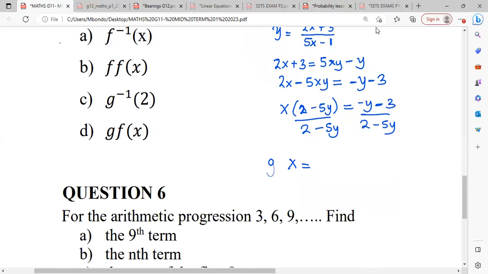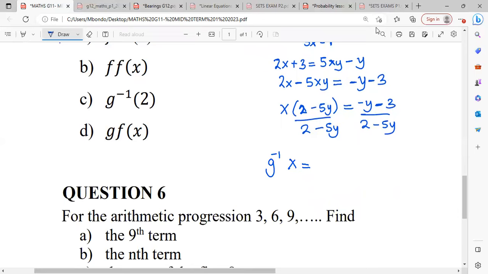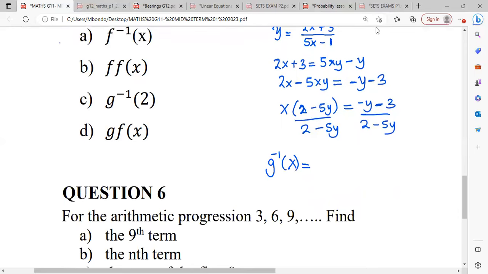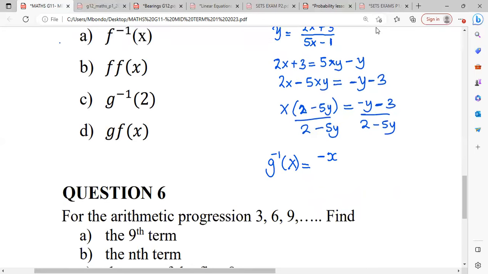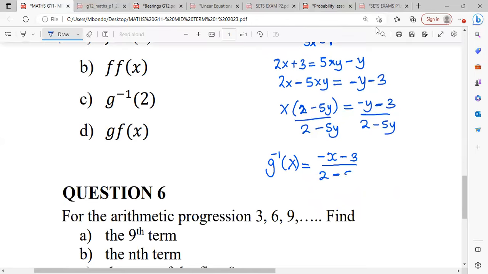Now, if we have made x the subject of the formula, g inverse of x, just the inverse before we substitute the 2, we are going to have minus x. You remember now, we put back the x. Minus 3 over 2 minus 5x.